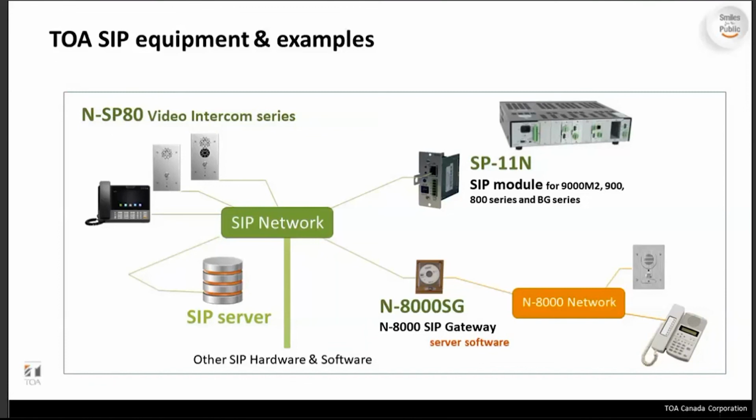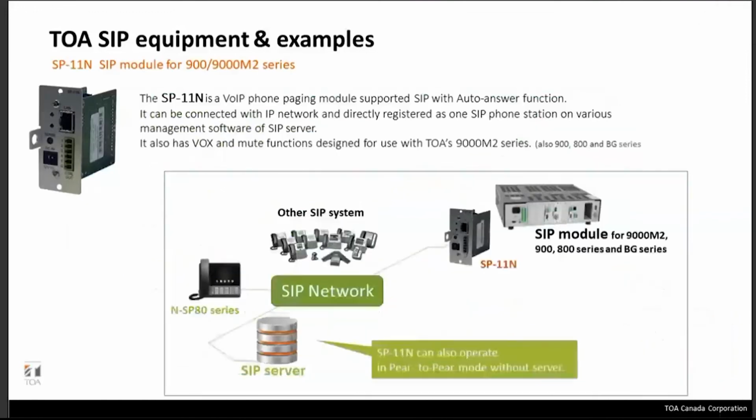A modular structure can go into our M9000, and that M9000 can feed the analog amplifier, which feeds your 70-volt system to the entire zones. So this is also one of the features. And if you have an intercom system side by side, which is the N1000, you can connect through the N1000 SIP gateway. So in this one picture, we are giving a complete solution for intercom as well as paging system. This is one of our products, the SP11.